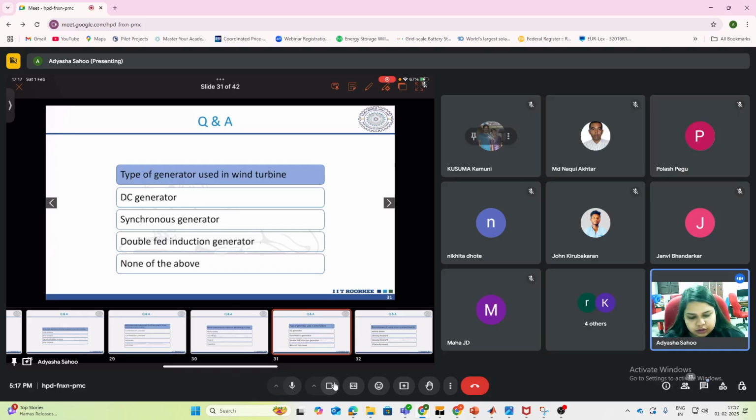Yes, it is DFIG. So we see that it is mainly induction type of generators, either fixed speed induction generator, variable speed, or then we had DFIG, or recently then PMSG.